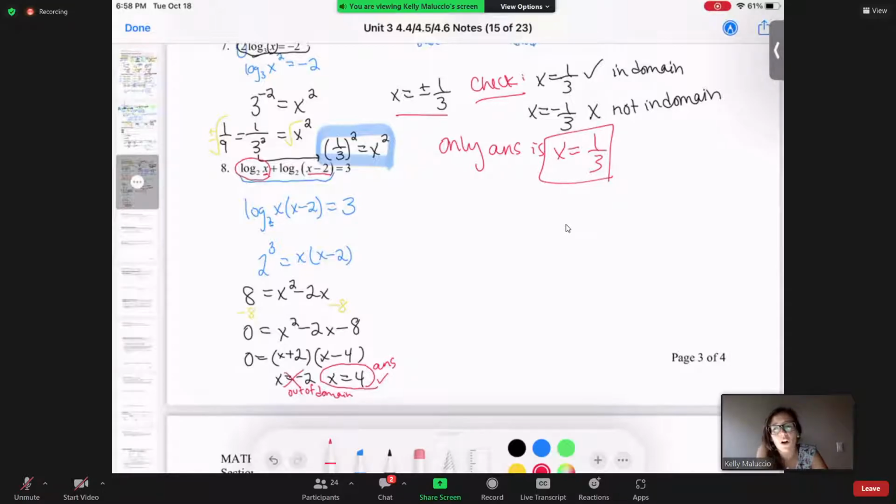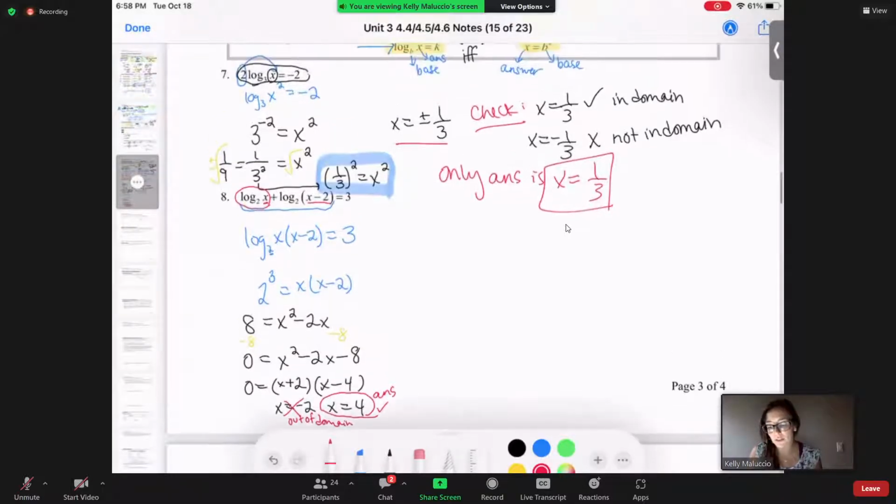Now there are other ways to solve these problems, but I think they're more complicated and involve some more properties of logs. But if you come across it, like if you're reading the book or looking at another example, or you see a similar problem on a homework done in a different way, but it gives you the same thing, and it uses these properties of logs, then yes, this is not the only way to solve.